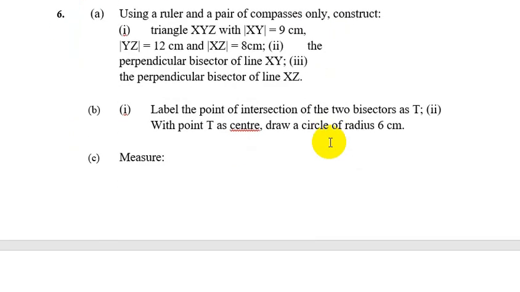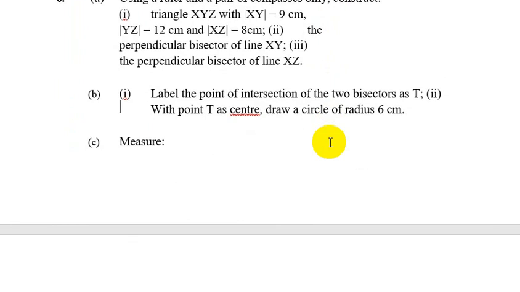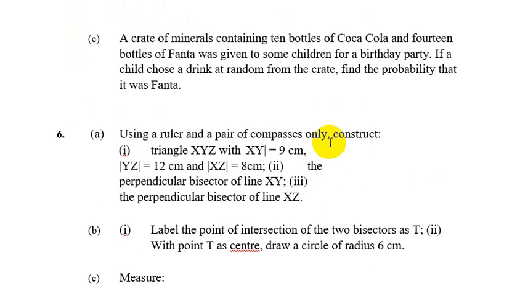The C question says that a crate of mineral containing 10 bottles of Coca-Cola and 14 bottles of Fanta was given to some children for a birthday party. If a child chooses a drink at random from the crate, what's the probability that it will be Fanta?